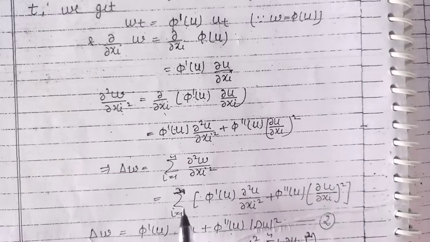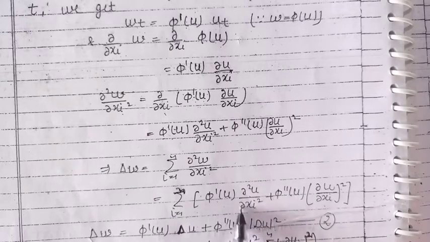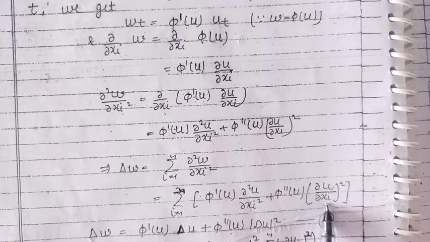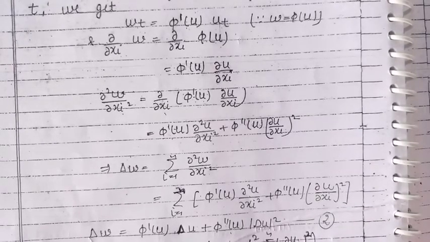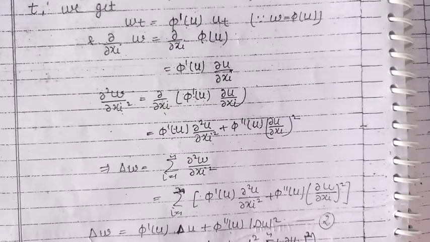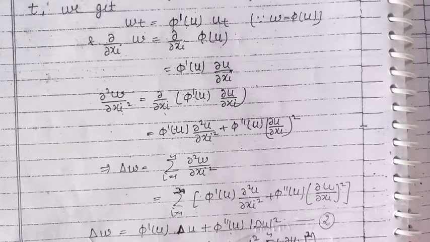By definition, the summation applied on del squared u by del x_i squared becomes the Laplacian of u, and del u by del x_i are the components of the gradient of u. So the summation of (del u by del x_i) whole squared is the square of the magnitude of the gradient of u.